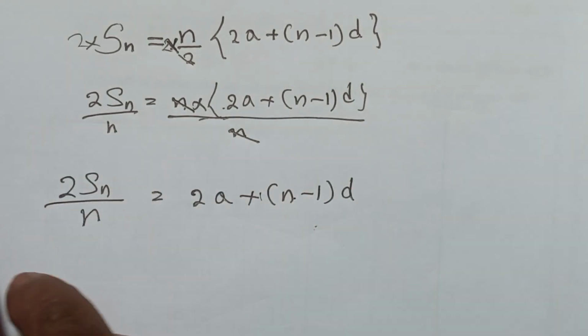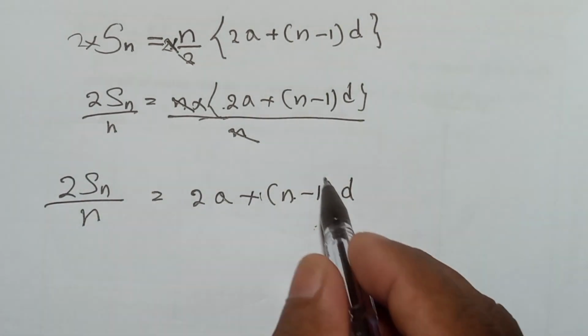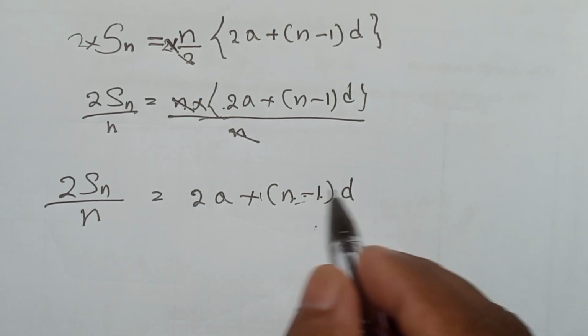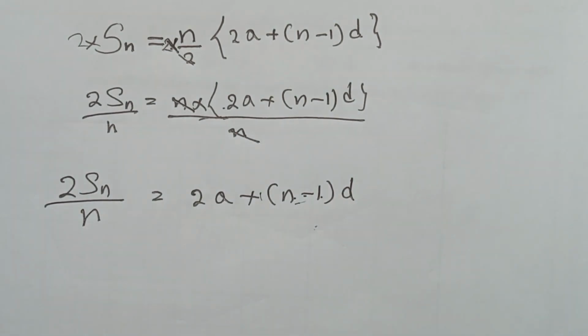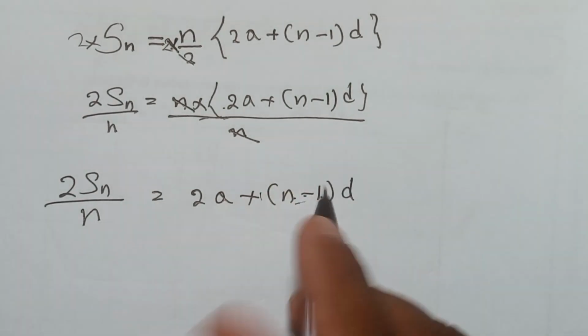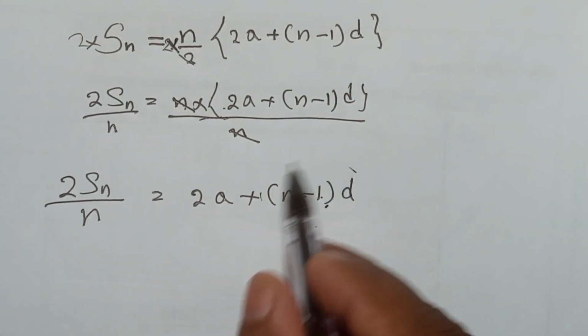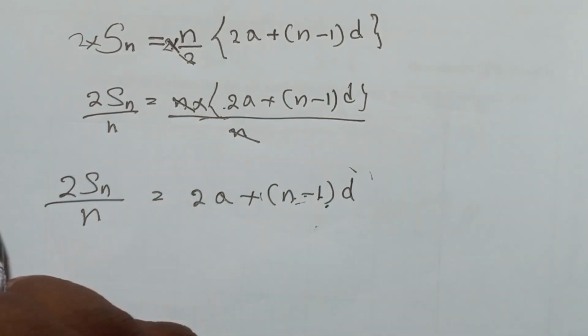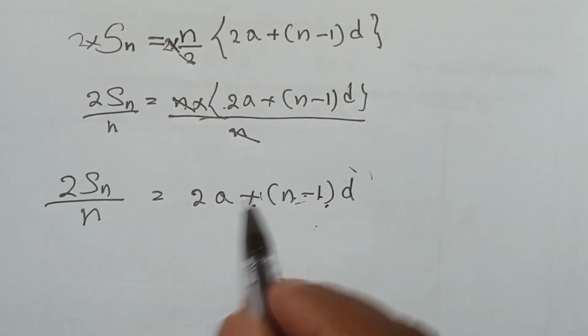So this whole thing you can bring to the other side, because this is one letter, and also here multiplication. When you have two terms with multiplication, you can think that is one term. So bring this whole term, that means n minus 1 d, this part you can think as one term. This term bring to the other side. So here plus, it will become minus, right?